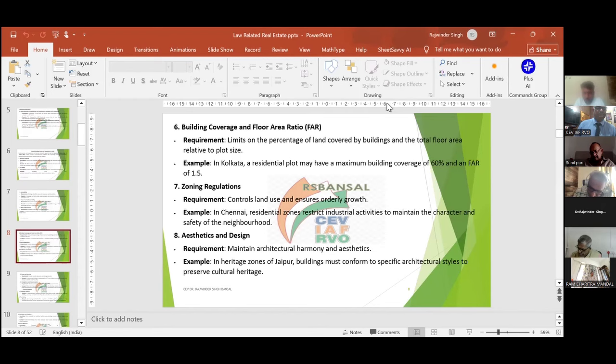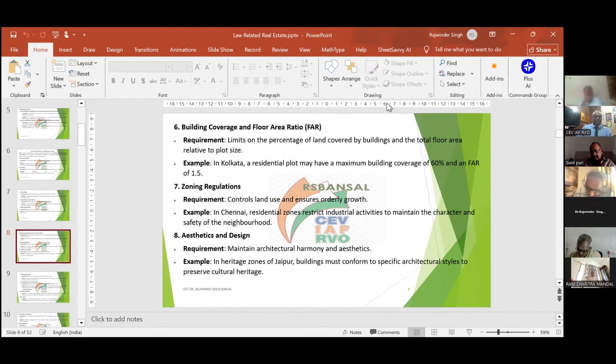Then zoning requirement. All cities are divided into different zones, such as residential zone, commercial zone, industrial zone.